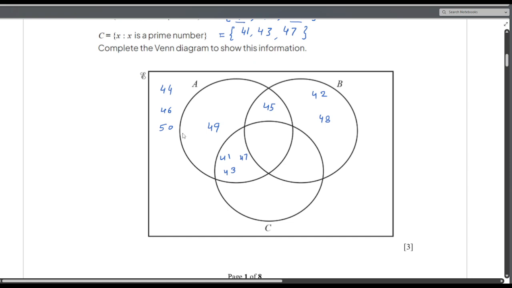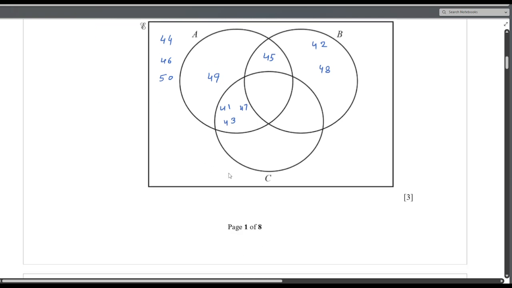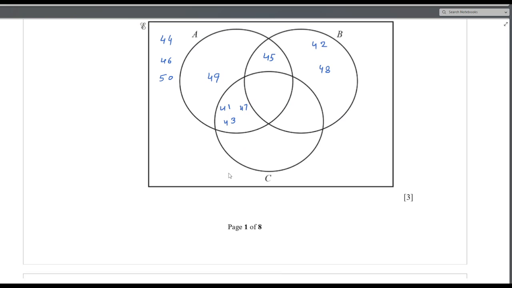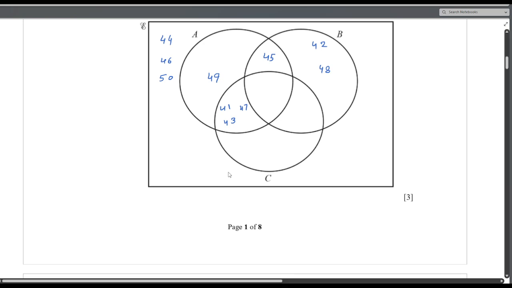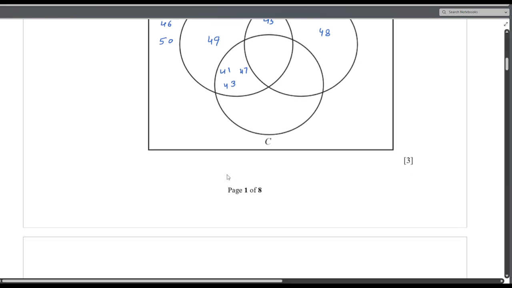Union means all the things which are either in B or C or in both B and C. So 49 is left and 44, 46 and 50 are left. The complement is anything which is in the universal set but not in B union C. So these numbers are 44, 46, 49 and 50.